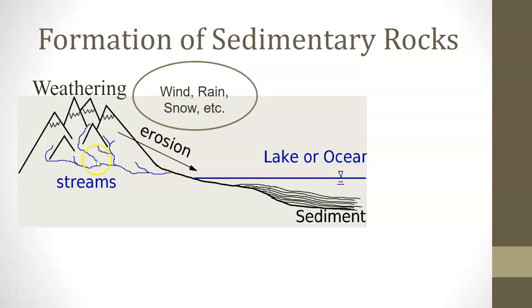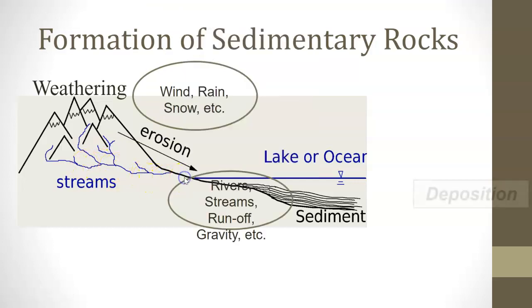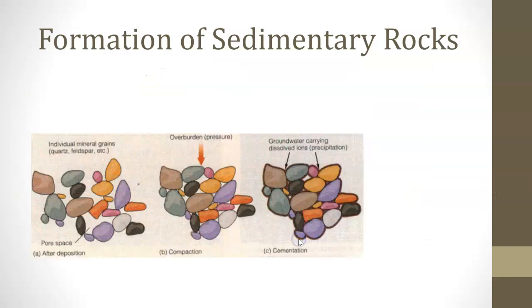And all those loose sediments will travel through these streams, to facilitate erosion. And then eventually, when they make their way to a body of water, that's where they get deposited. And then they build up in these nice layers that you're seeing here at the bottom of the body of water. And then over time, they get compacted and cemented together.